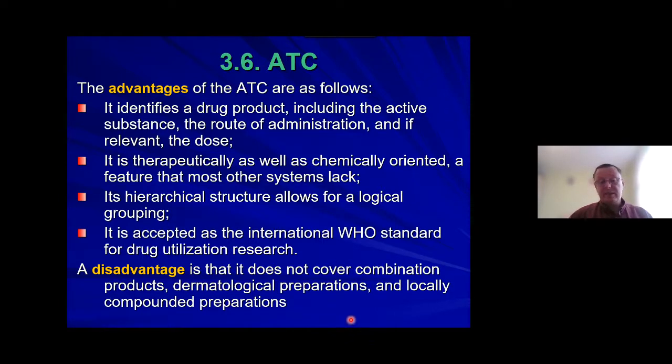The disadvantage is that it does not cover combinations of products, sometimes locally compounded preparations. Local developers do not every time properly support ATC codes. For sure, I do not consider fraud cases like falsification of medicine or so.